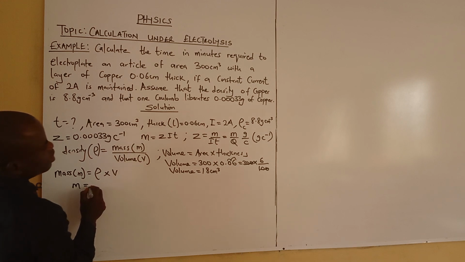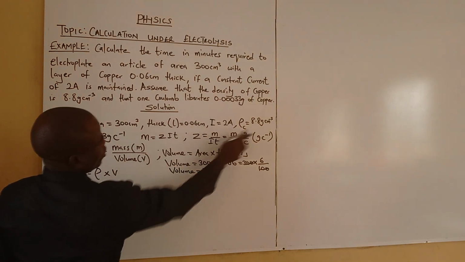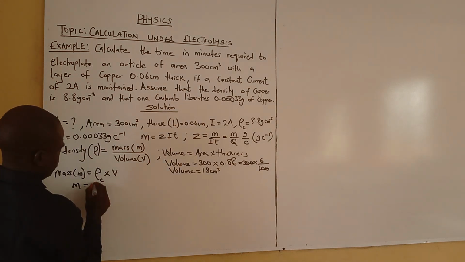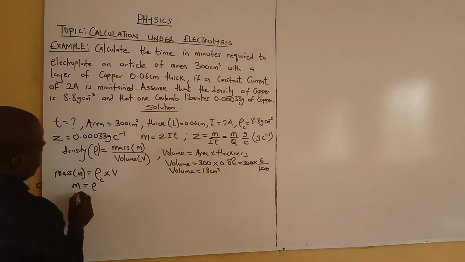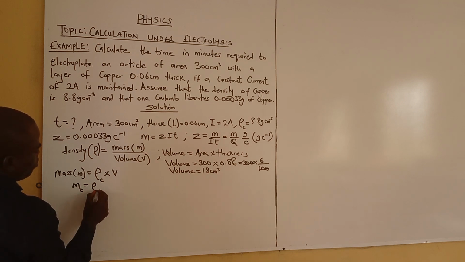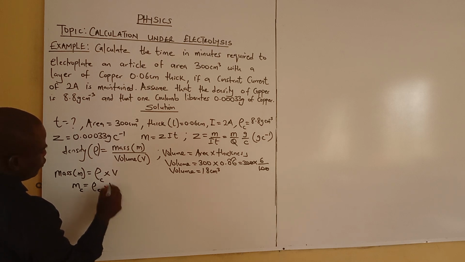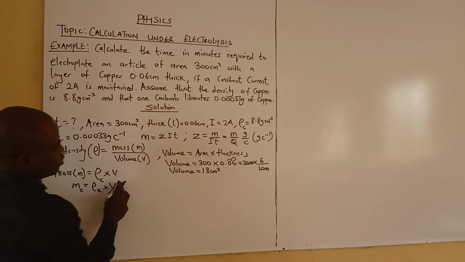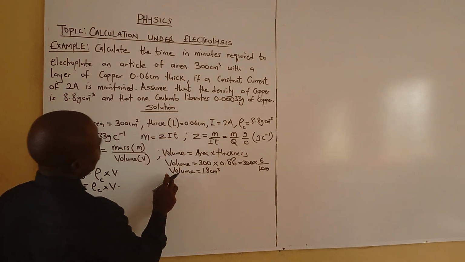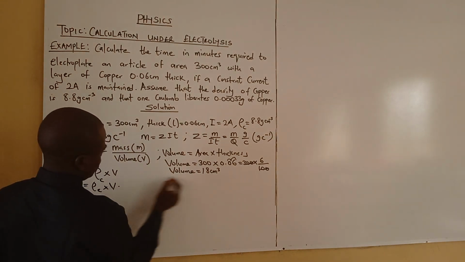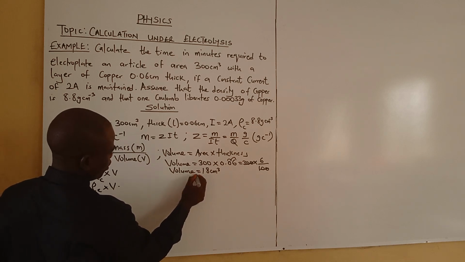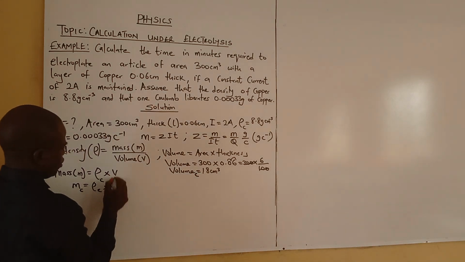We are looking for the mass of the copper: density of the copper times the volume of the copper, VC.